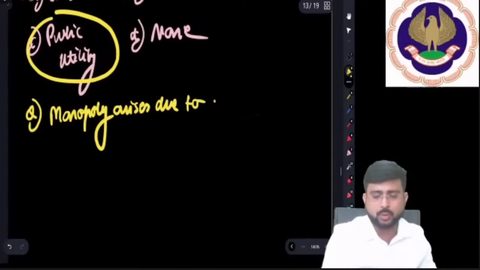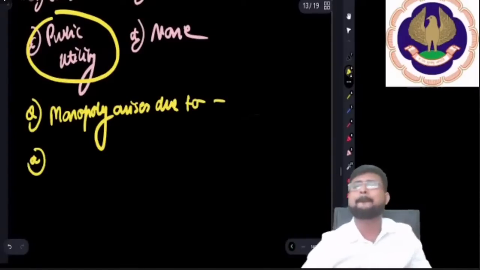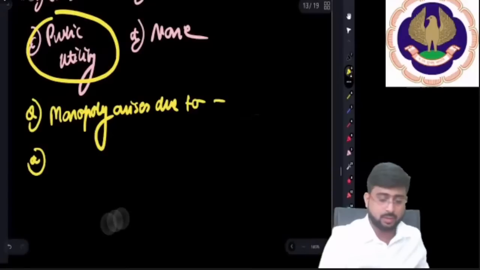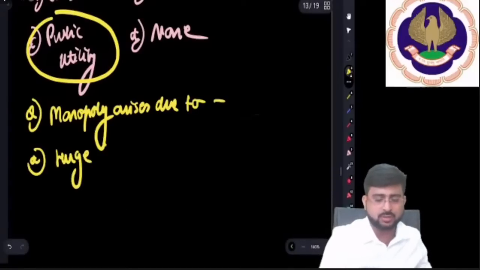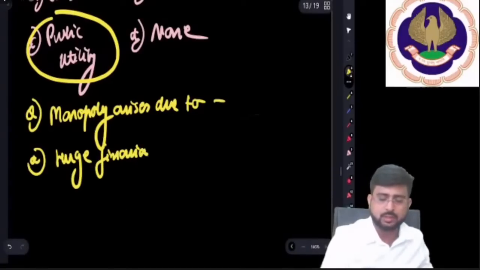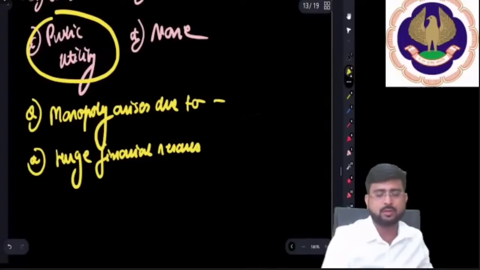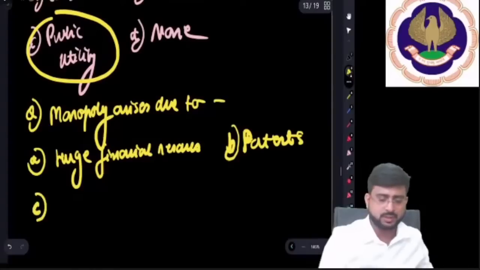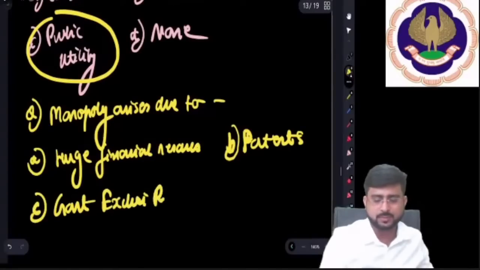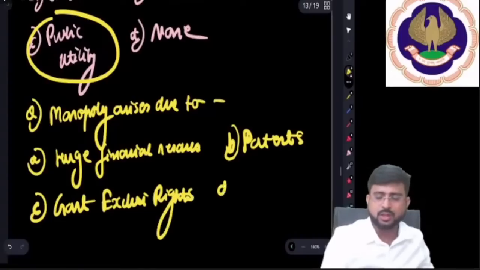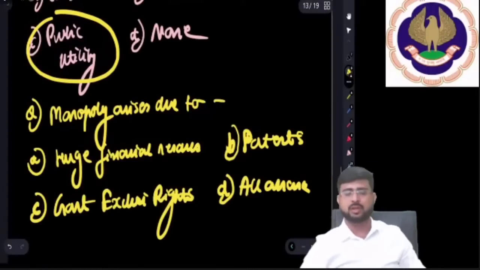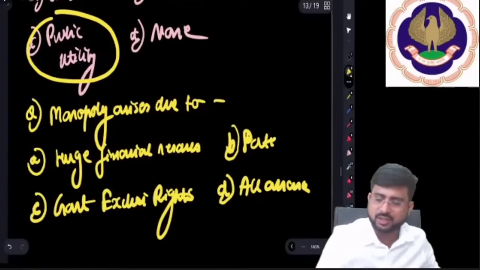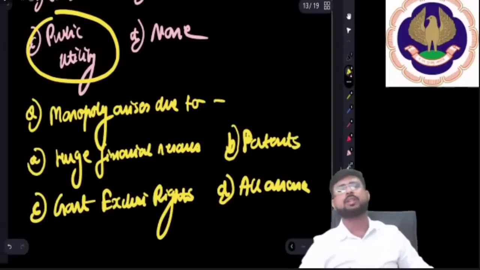Monopoly arises due to option A, huge financial resources; B, patents and trademarks; C, government-granted exclusive rights; or D, all of the above.